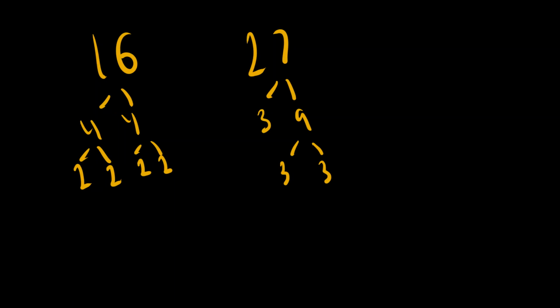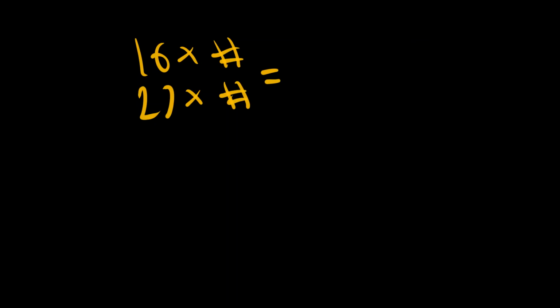We do not have any common factors, so no common factors. Now, how do we find the least common multiple of 16 and 27? How is it possible that you take 16 times any integer, 27 times any integer, and we would get the same common multiple?